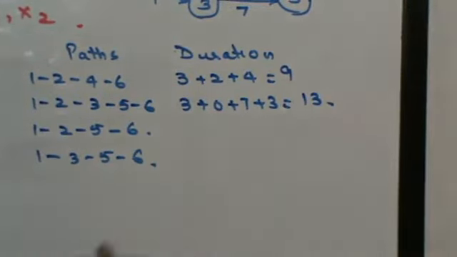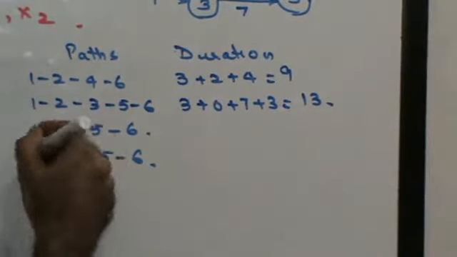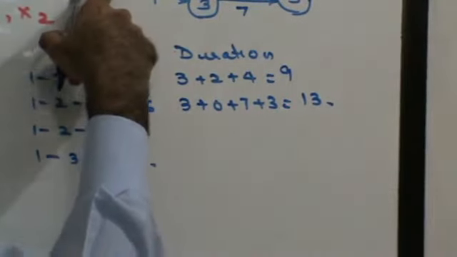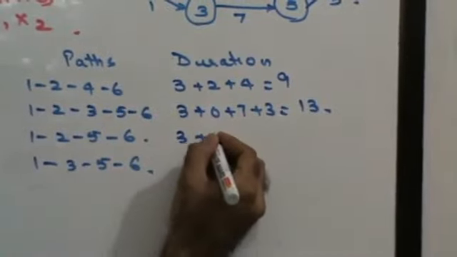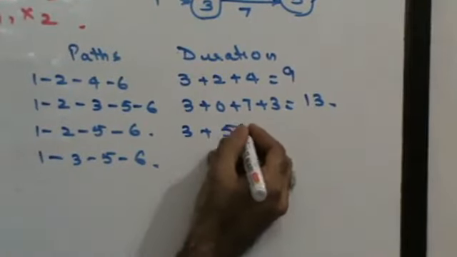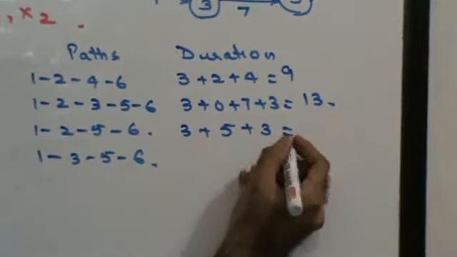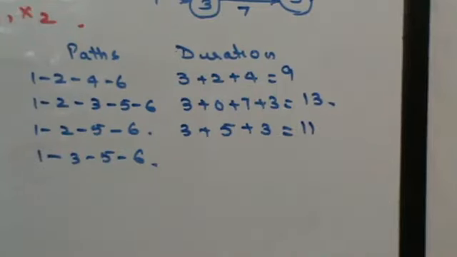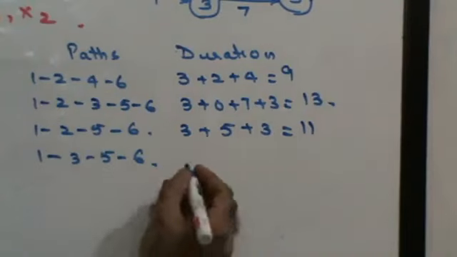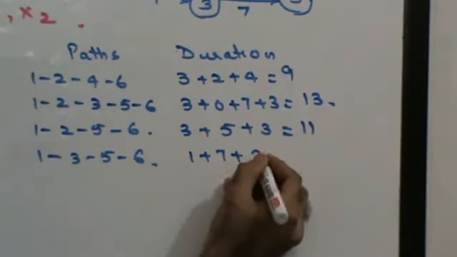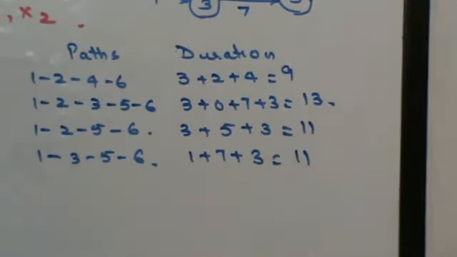Right? Then you have 1, 2, 5, 6. 3 plus 5 plus 3, 11. And then you have 1, 3, 5, 6. 1 plus 7 plus 3. 11 days. So the maximum time that I'm going to take is 13 days.